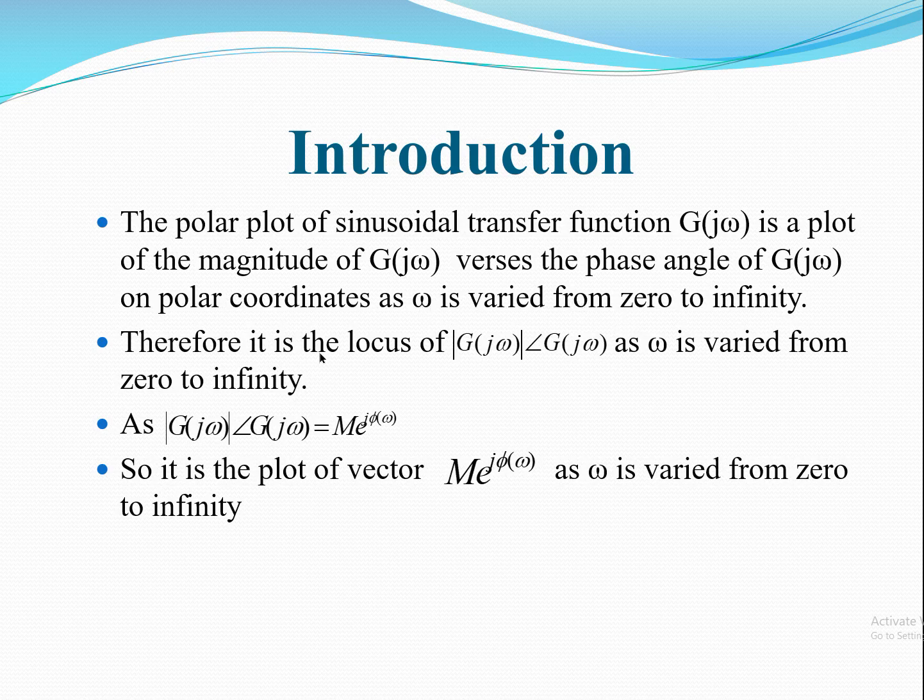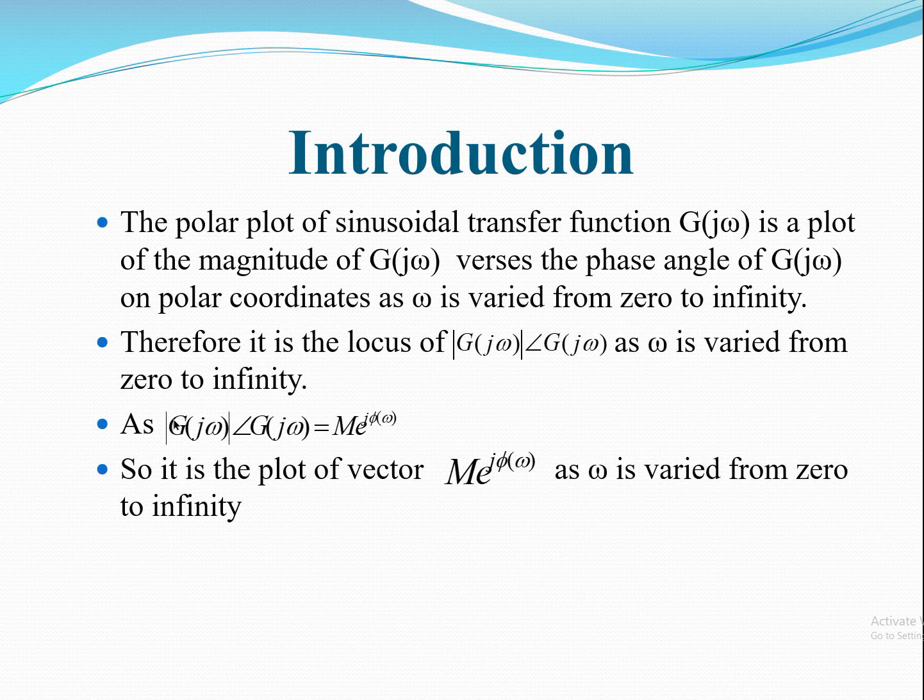What we have to do is find the magnitude and phase angle of G(j omega) and plot the magnitude on the y-axis and the phase angle on the x-axis, by varying omega from 0 to infinity.